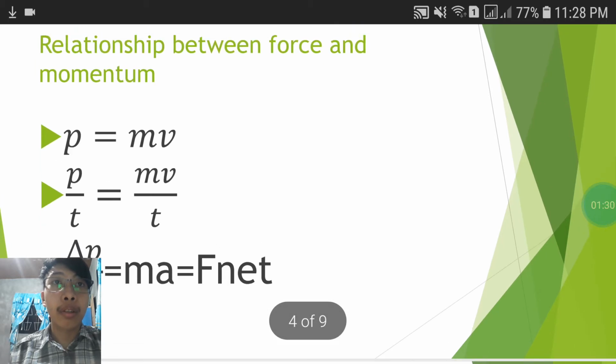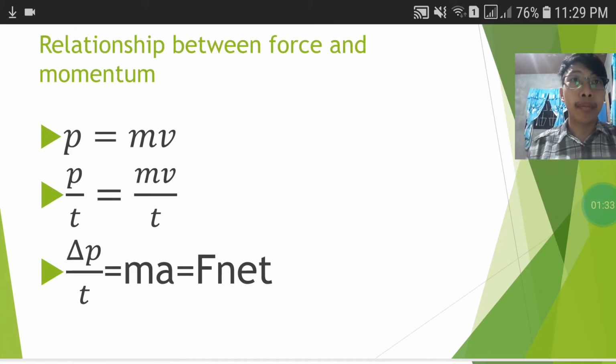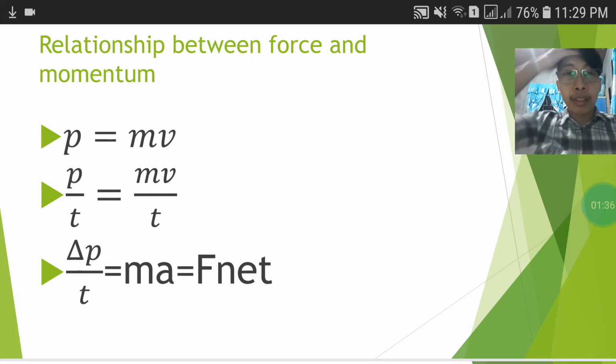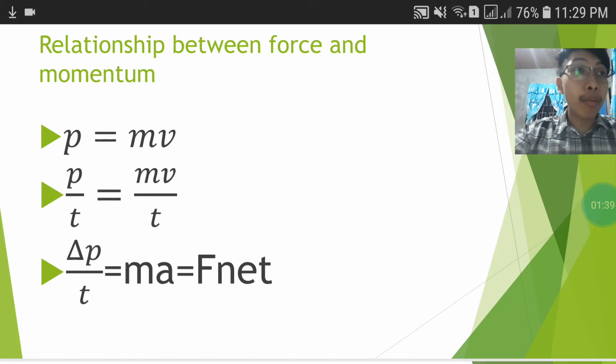So second, what is the relationship between force and momentum? According to our formula in the last slide, momentum is equal to mass times velocity. If we divide both sides by time, momentum divided by time is equal to mass times velocity over time. As we know from our past lessons, velocity over time, or the change in velocity over time, is equal to acceleration.